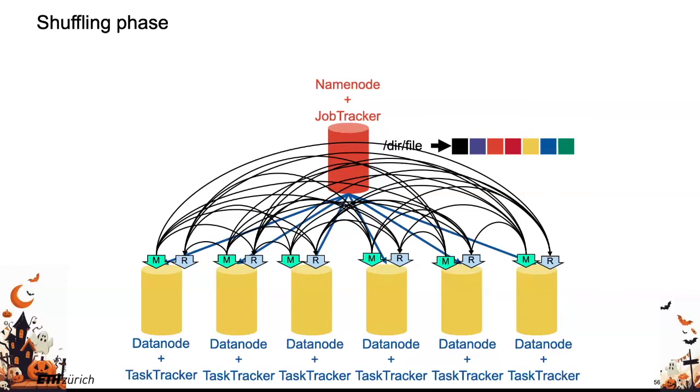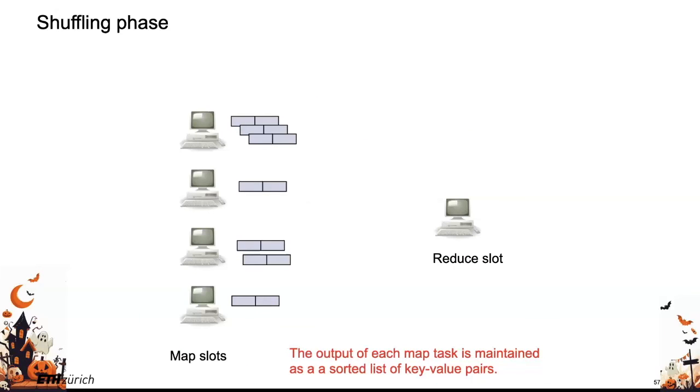So what happens is that the reduce slots connect to every single map slot and request to download all the key value pairs for which they have the responsibility. This can be done using hashes, using intervals. I mean, there are different ways you can do that. But basically, the reduce slots are assigned the responsibility for specific keys by the job tracker, and then they go and download from every map slot.